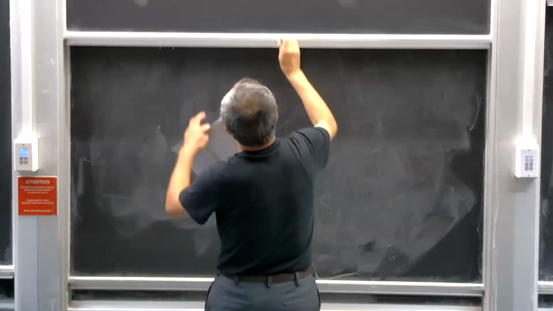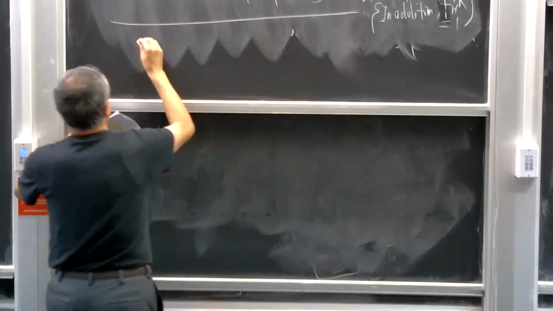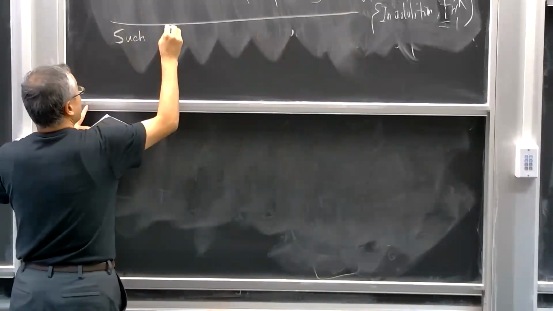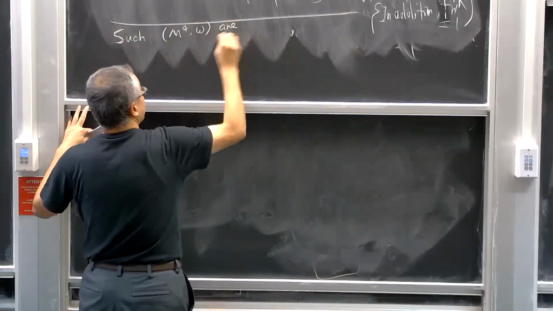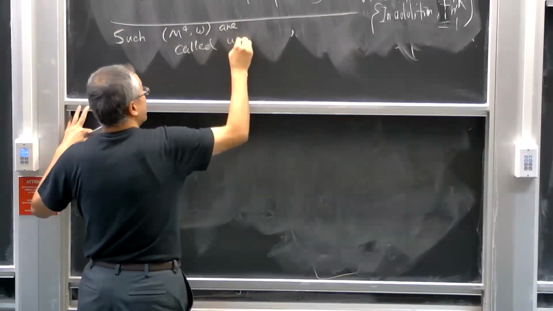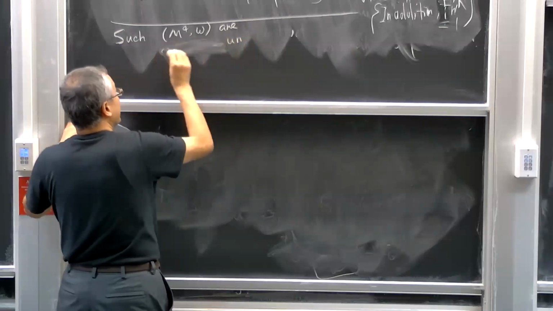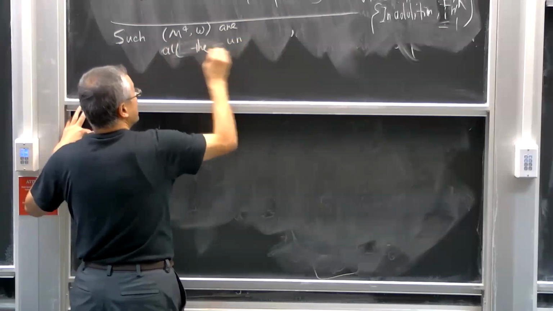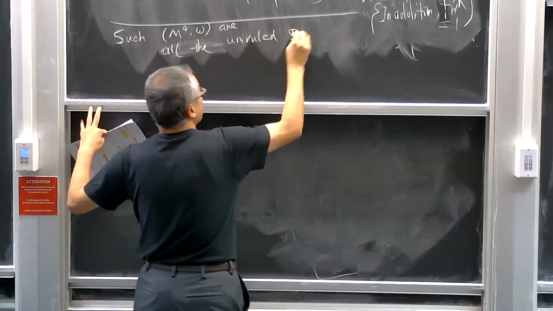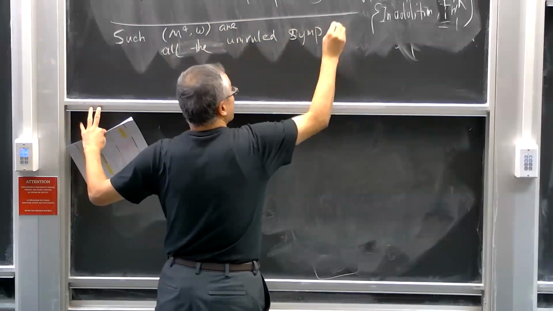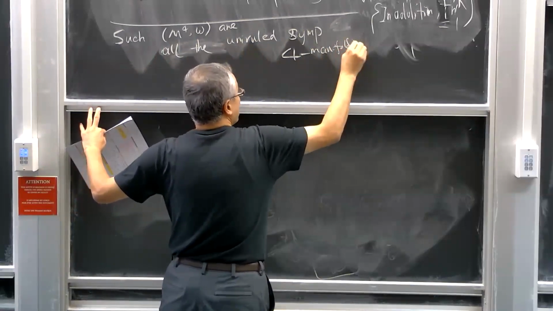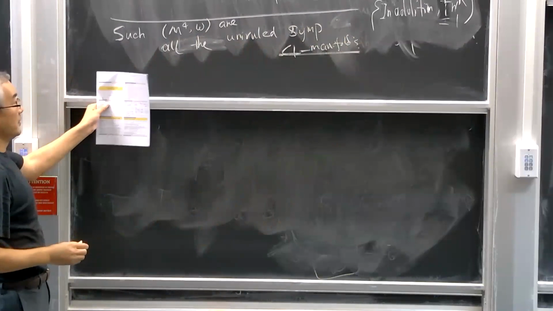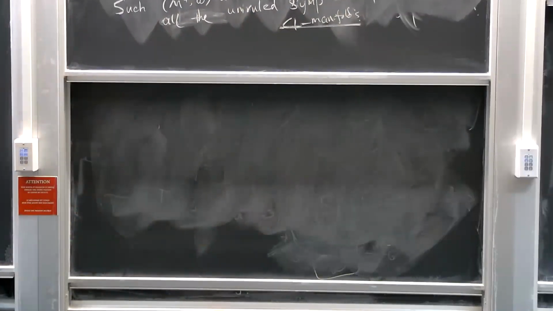By the way, uniruled symplectic four manifolds: if it's uniruled, it must have a symplectic sphere with non-trivial self-intersection.